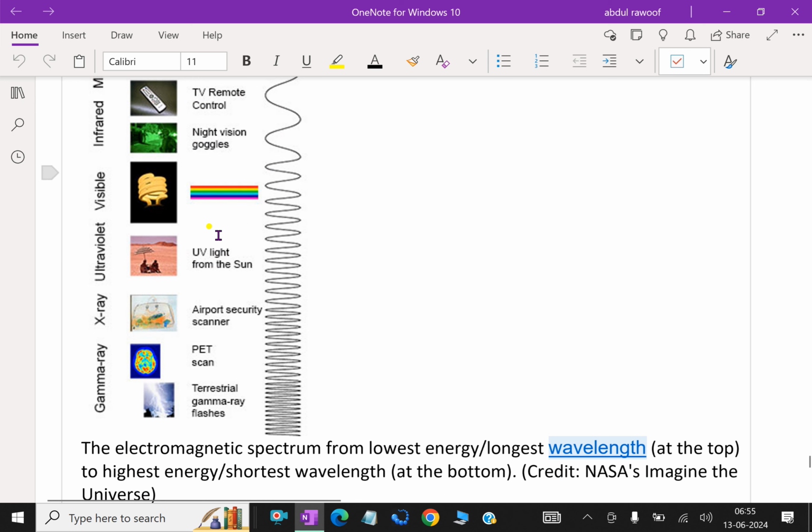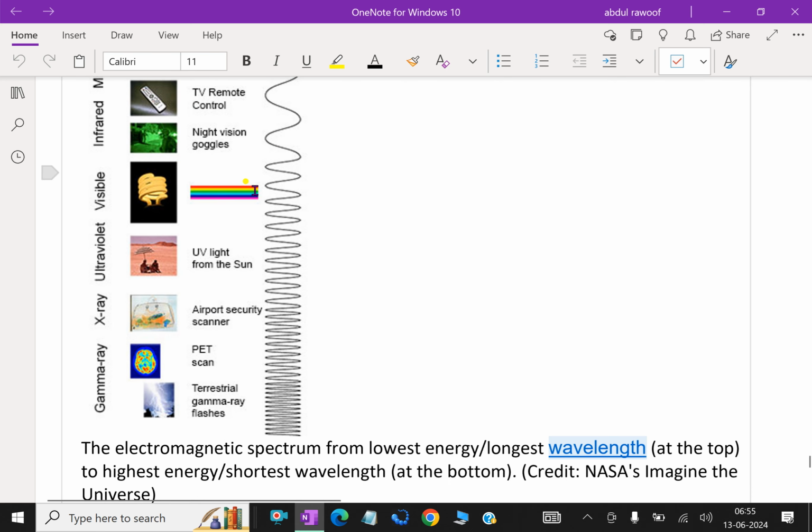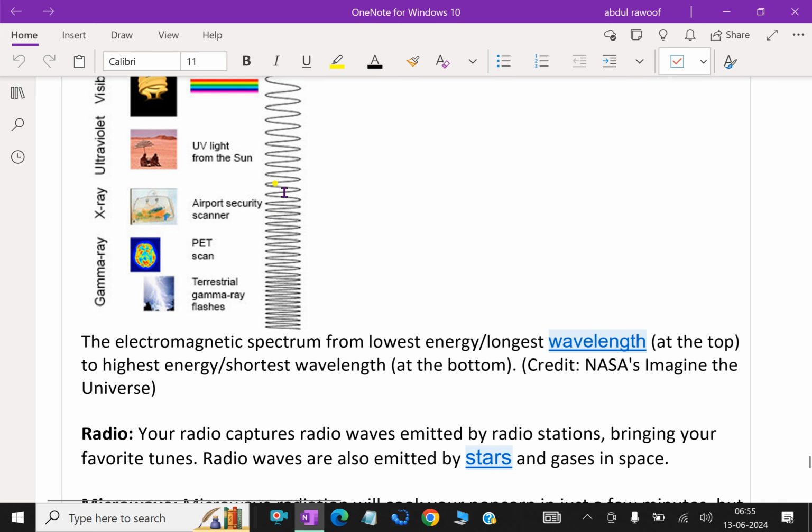Next, visible light. After infrared, the visible light range comes. This is the radiation you can see with the naked eye. Ultraviolet from the sun comes with shorter wavelengths and higher energy. Further on, wavelengths get shorter and shorter.